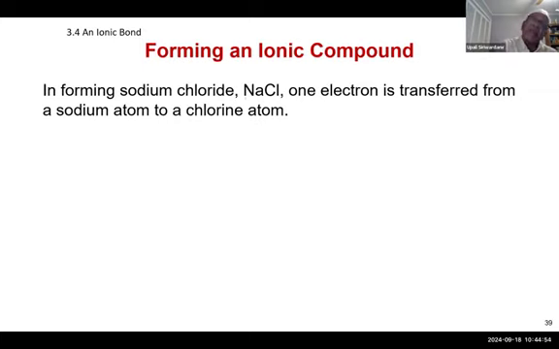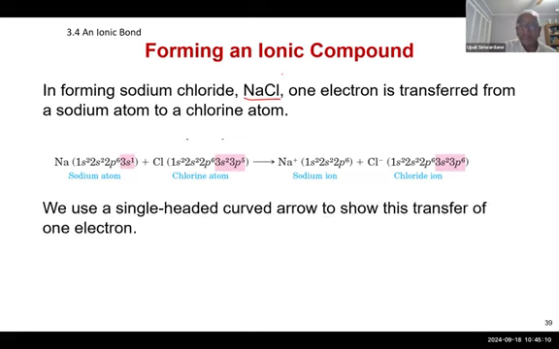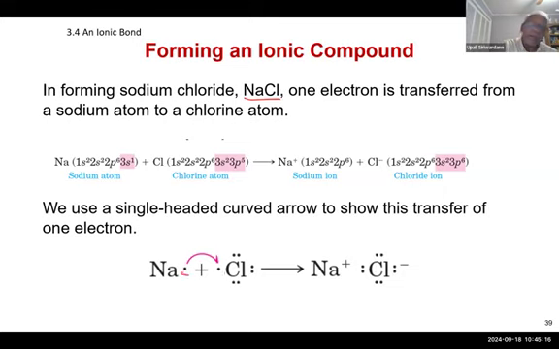Let's look at some more detail about sodium chloride. It's an ionic compound. We know all this because the valence shell is not octet on sodium or chlorine. It gains, loses electrons. Electrons are transferred to the chloride.